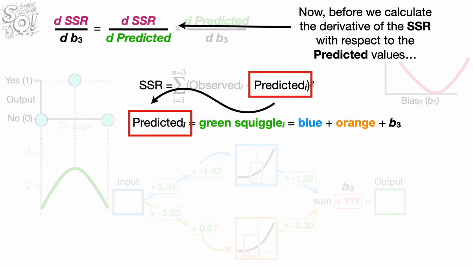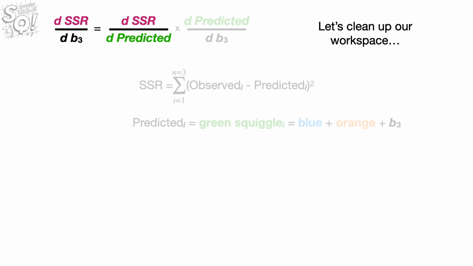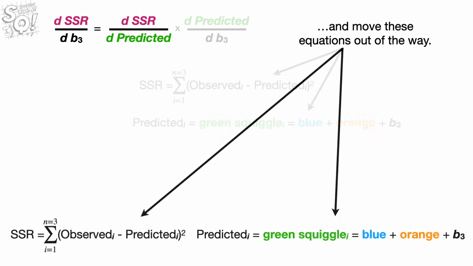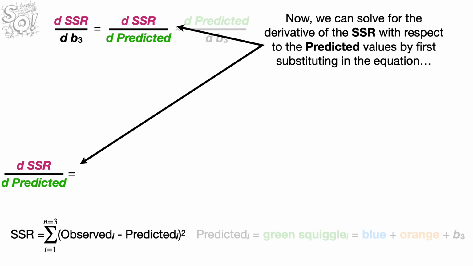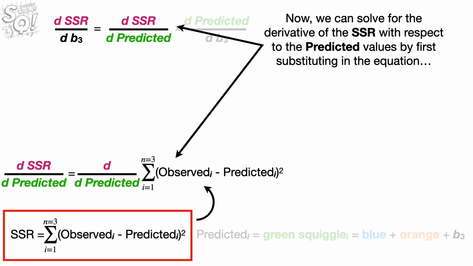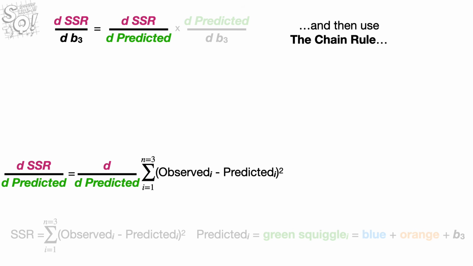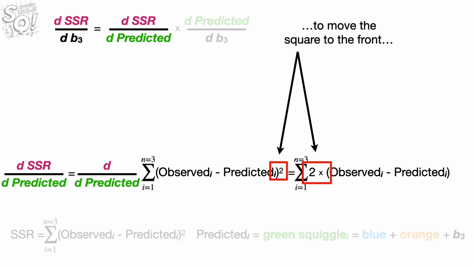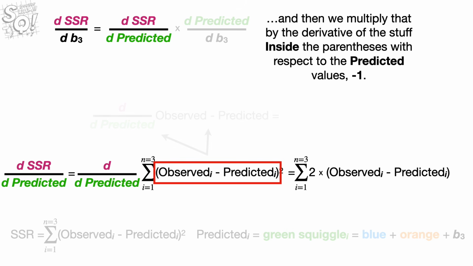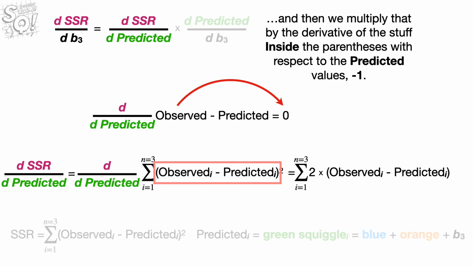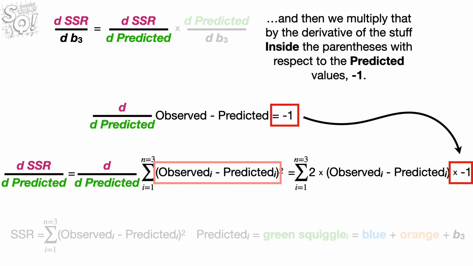Now, before we calculate the derivative of the sum of the squared residuals with respect to the predicted values, let's clean up our workspace and move these equations out of the way. Now we can solve for the derivative of the sum of the squared residuals with respect to the predicted values by first substituting in the equation, and then use the chain rule to move the square to the front, and then we multiply that by the derivative of the stuff inside the parentheses with respect to the predicted values, -1.